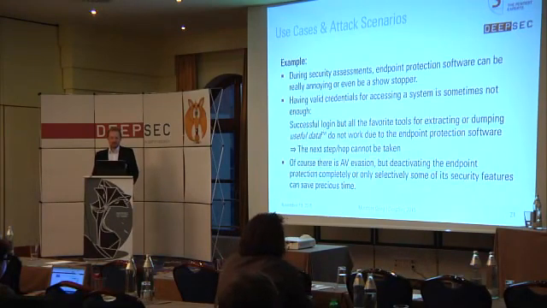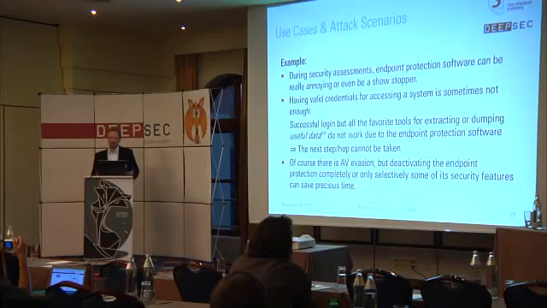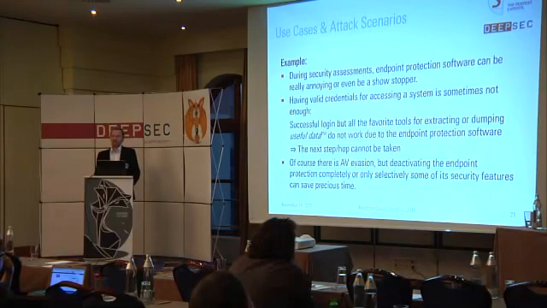So sometimes I just cannot take the next step or take the next hop in a network because endpoint protection is stopping me. And that's what it's for, actually. That's a good thing. But because of these less regarded security issues, malware or an attacker is able to just deactivate endpoint protection software features rather simply, and then continue with his malicious tasks.